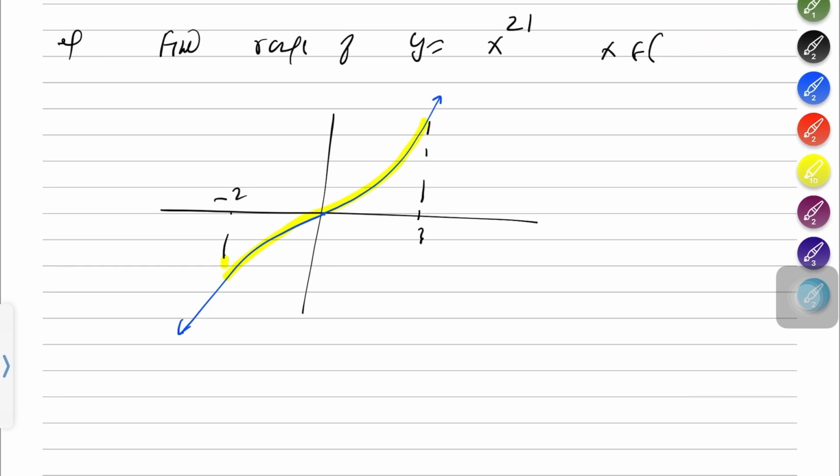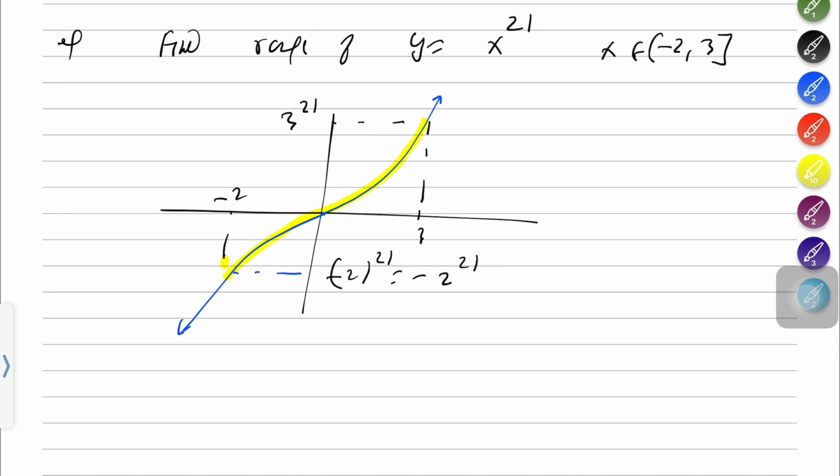Okay, let's say minus 2 open and 3 close. Okay, minus 2 open, 3 close. So at minus 2, the value will be minus 2 to the power 21, and at 3 the value is 3 to the power 21.